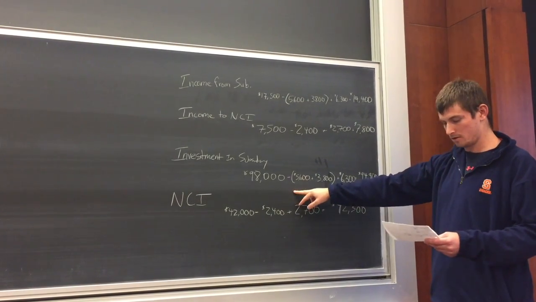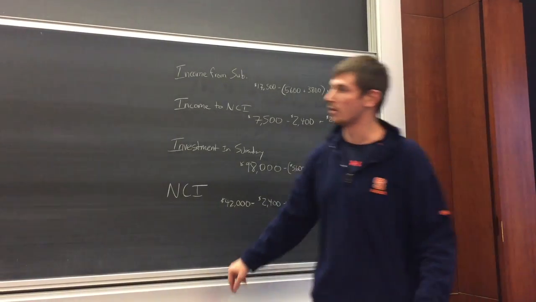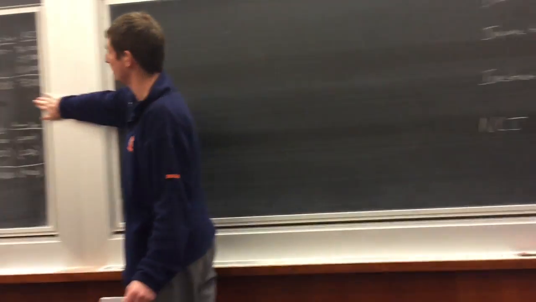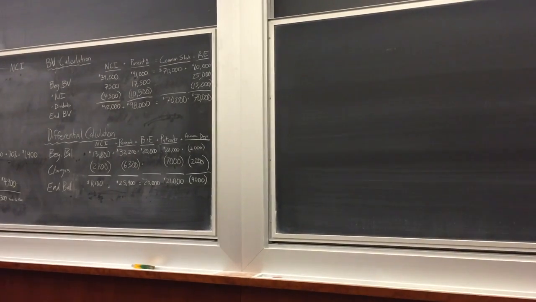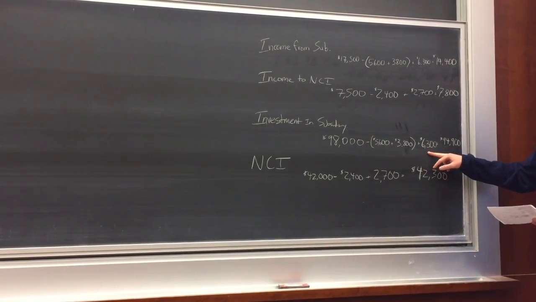Here we took the ending book value of the subsidiary, which we got over here in these calculations, and subtracted their percentage of unrealized profit, and then added back the gross profit deferral.